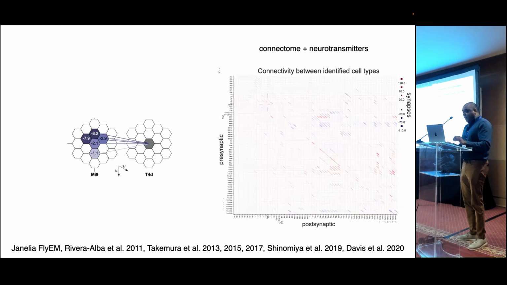And so what that means is we really have much more information, not just connectivity at the scale of cell types, but actually at individual neurons. So this is a connection matrix of about 45,000 neurons. Each pixel here is a neuron and not a cell type. And this is the organization that we're actually modeling.